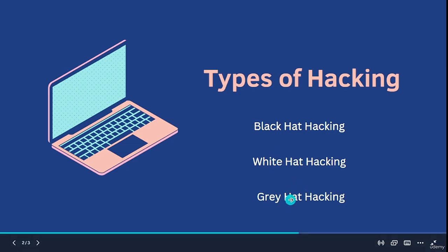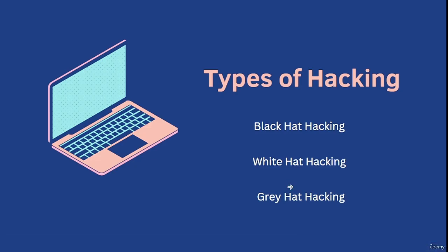The gray hat hacker gains unauthorized access without the permission of the person or the organization involved. But it doesn't have the same motive as the black hat hacker. It doesn't have a personal gain motive, although you may have some gain, but not with the same intent as a black hat hacker.